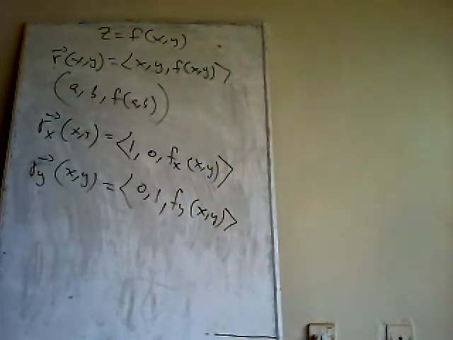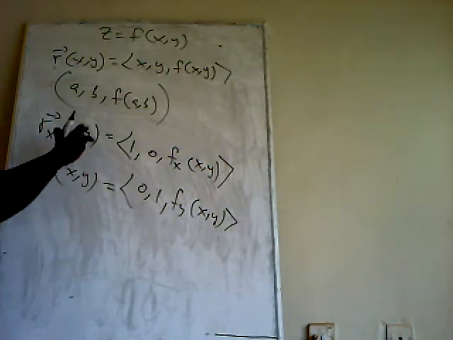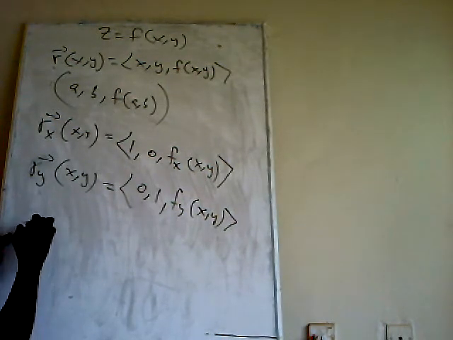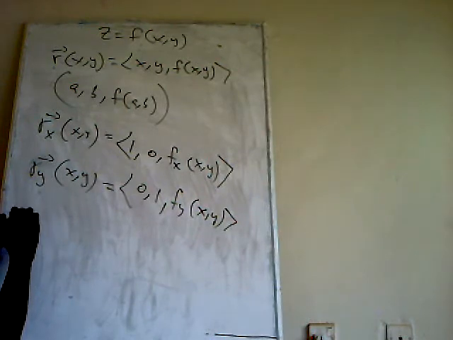Now, at the point a, b, f of a, b, the equation of the tangent line: there are two.